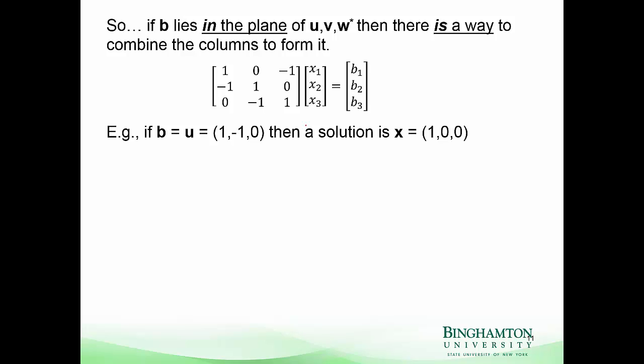You can check that it does. And one way to check is that there is a solution. I can build that from picking x equal to 1, 0, 0, because basically b is equal to this column.